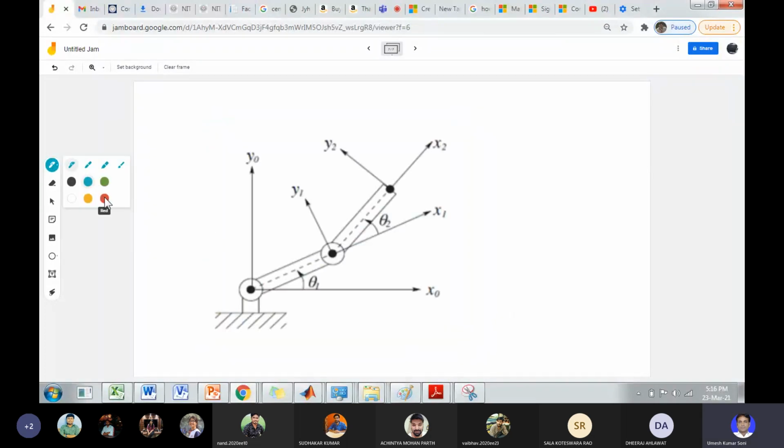For your understanding, I here tell you the coordinates of this joint.